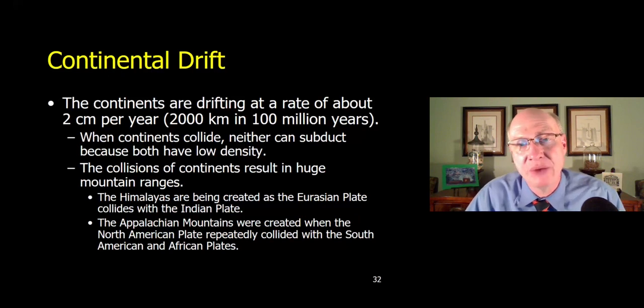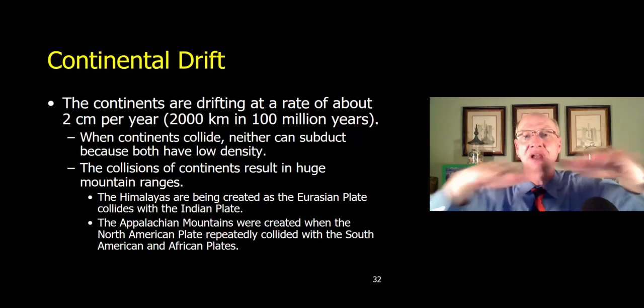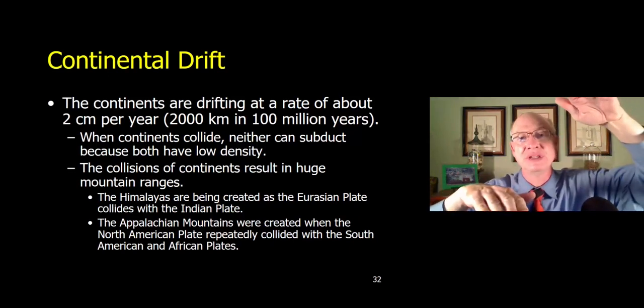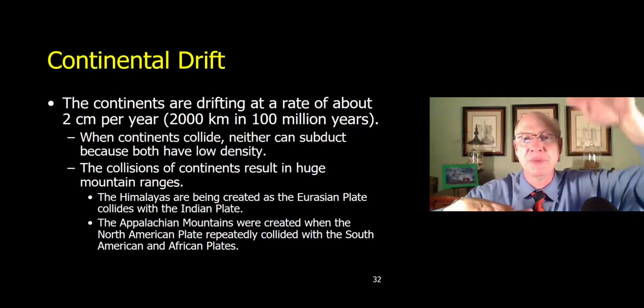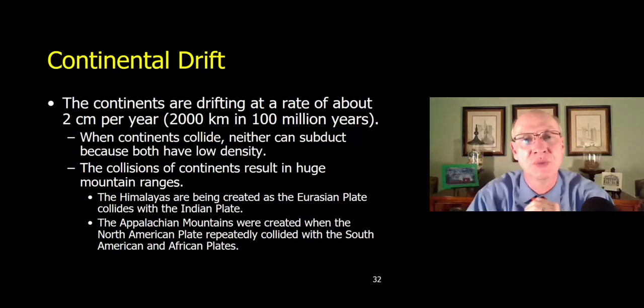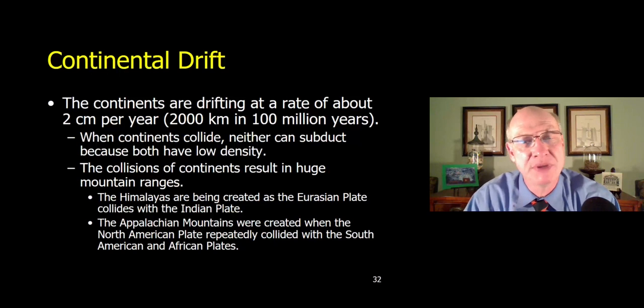The Appalachian Mountains here on the east coast of the United States were created when the North American plate repeatedly collided with the South American and African plates hundreds of millions of years ago. As they would collide, they would push up these mountains. Erosion would wear them down, but another collision would happen and they would get pushed up again and eroded down, and another collision would happen. There were multiple episodes of mountain building here on the east coast of the United States.